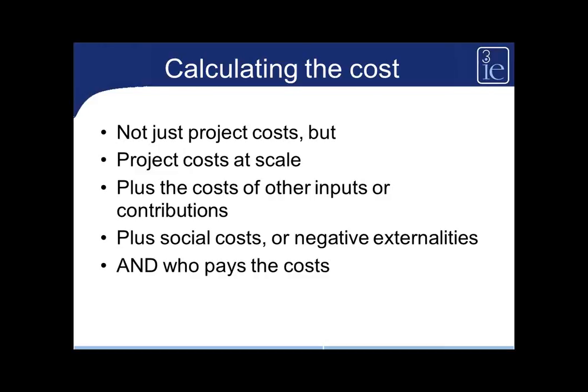And finally, it's important to think about who in fact pays the cost or incurs the cost. So we can say, okay, there are the project costs, and then there are the government costs, and then there are household costs, but it may make a difference who is paying those costs, what percentage of the total cost of the intervention is incurred by these different parties.